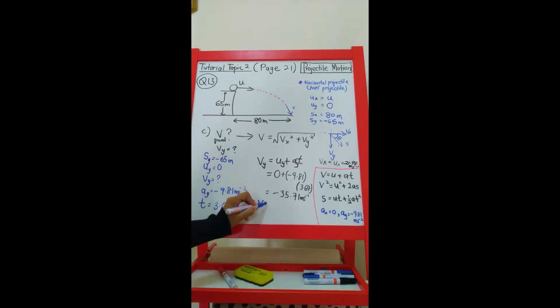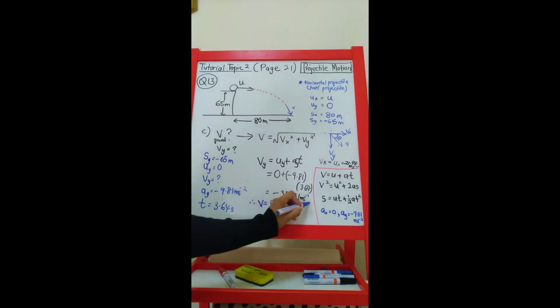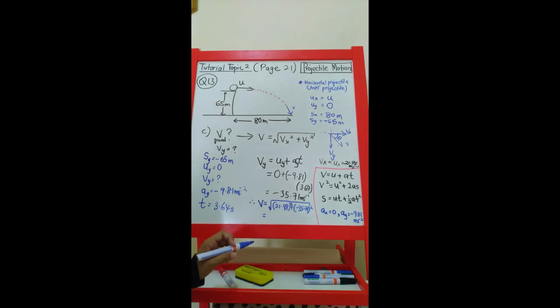Therefore v equals the square root of 21.98 squared plus negative 35.71 squared, and the answer is 41.93 meter per second.